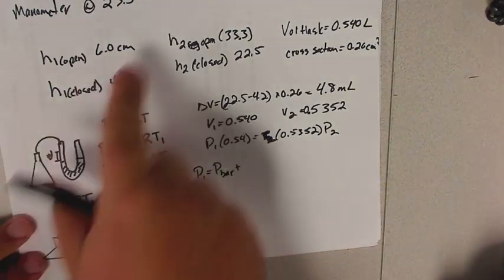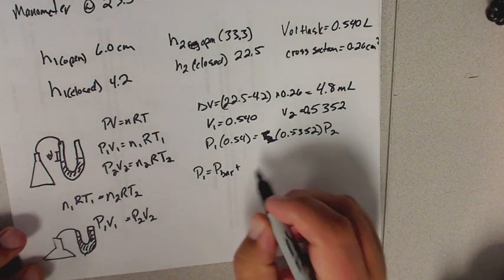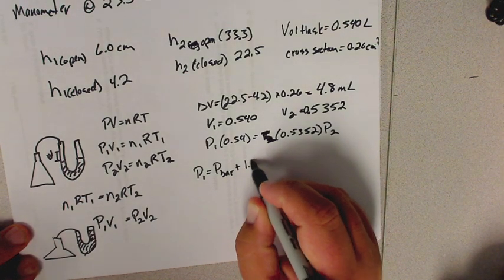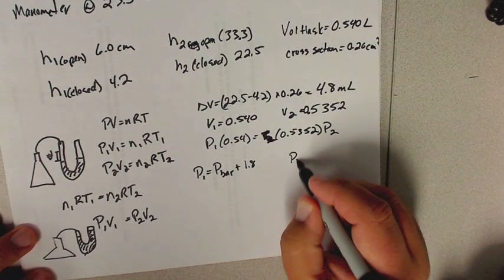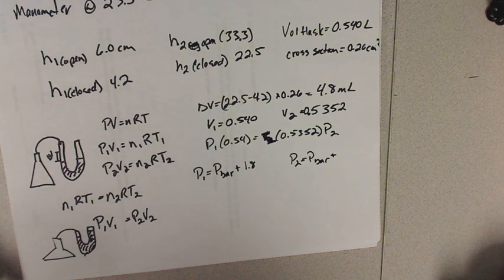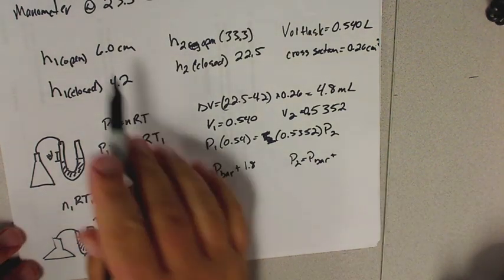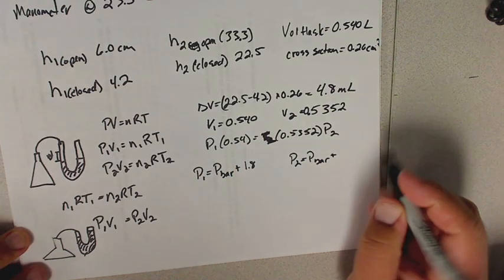In the first case, the difference is 1.8, so it's P bar plus 1.8 centimeters of water. In this case, P2 is going to equal P bar plus the difference here, which is 10.8.